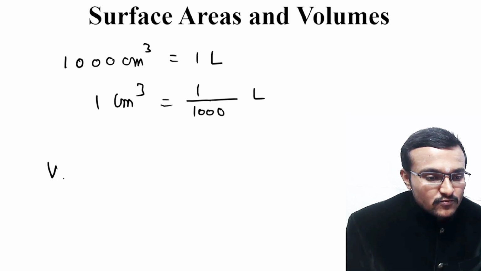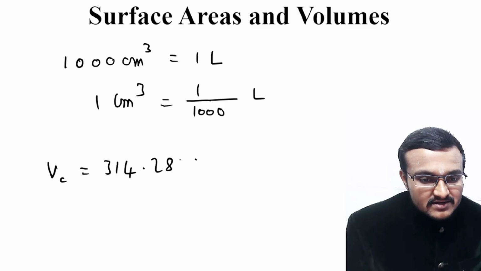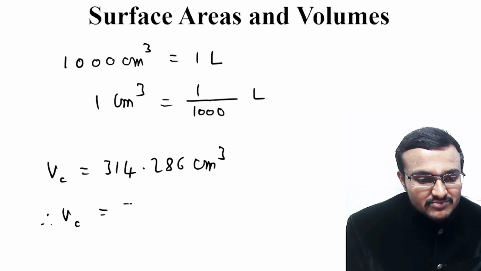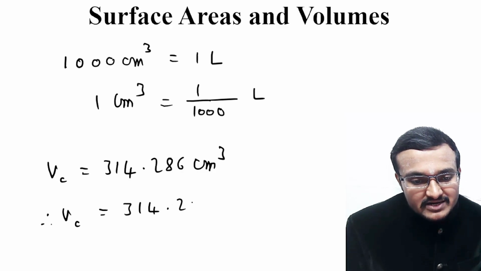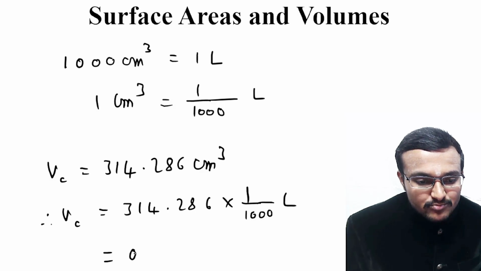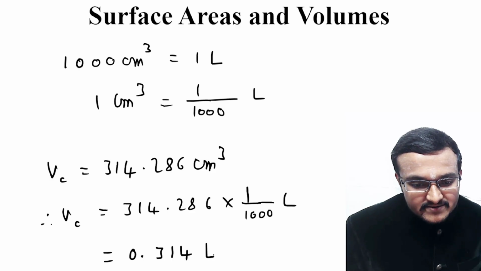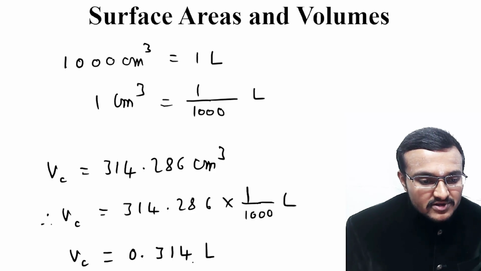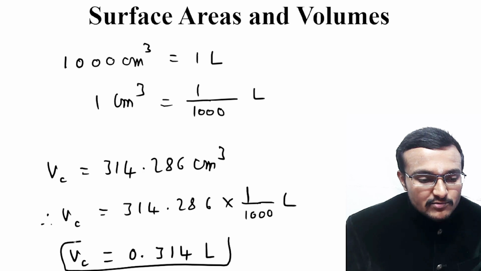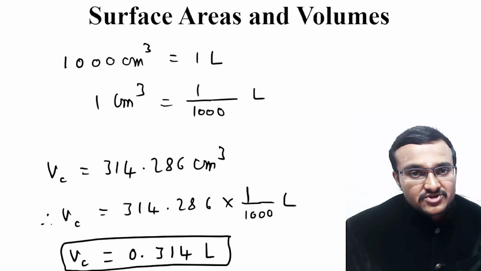So the volume of this cone is 314.286 centimeter cube. If you want to convert this to liter, you have to multiply this by 1 by 1000 liter. So that is nothing but 0.314 liter. So 0.314 liter is the volume of this second right circular cone.